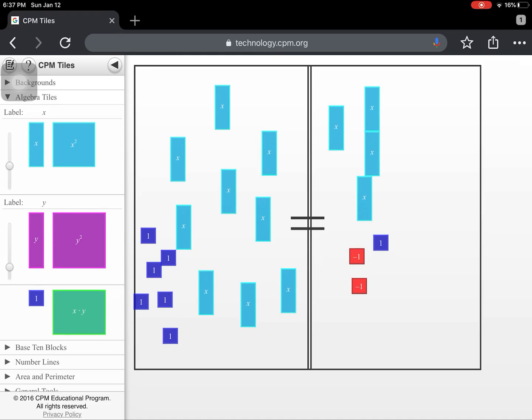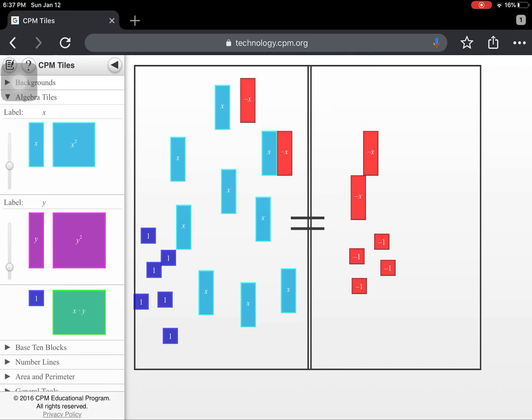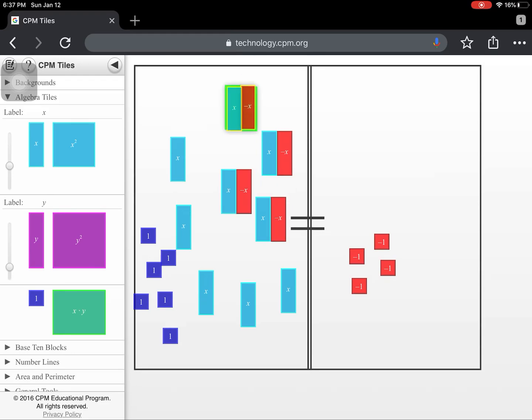So then again, I chose to move these negative and move them over to the other side because I have more positives on the left than I do the right. Okay? So then I got rid of that 0 pair, that 0 pair, that 0 pair, and that 0 pair. That left me with 5x.